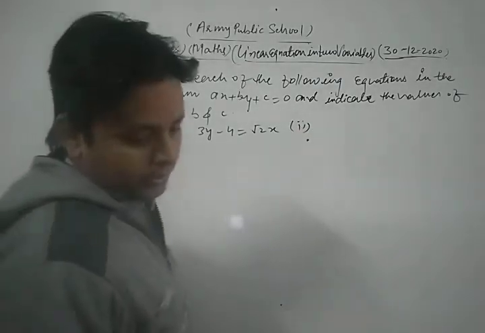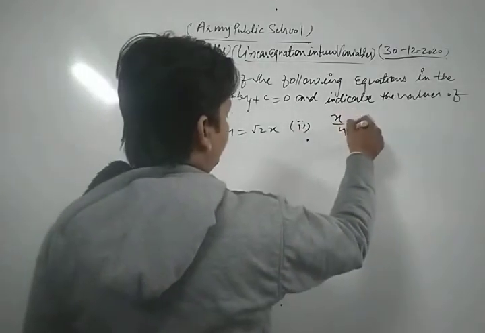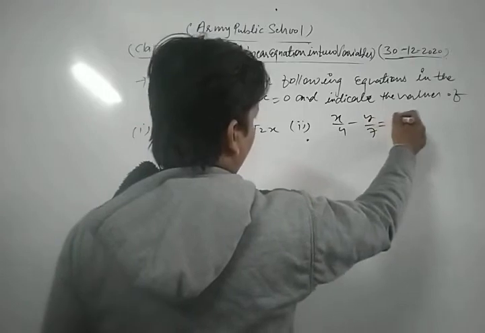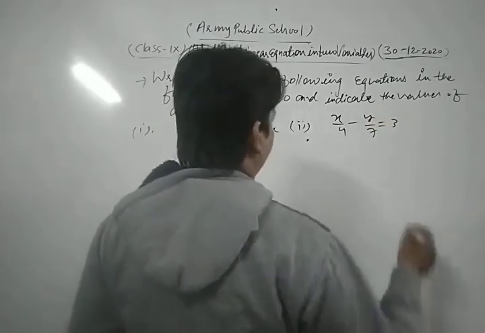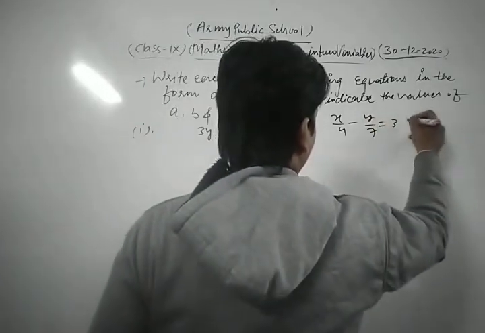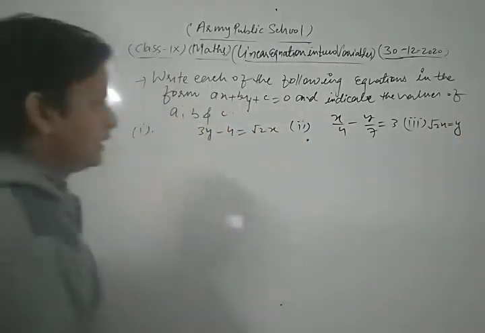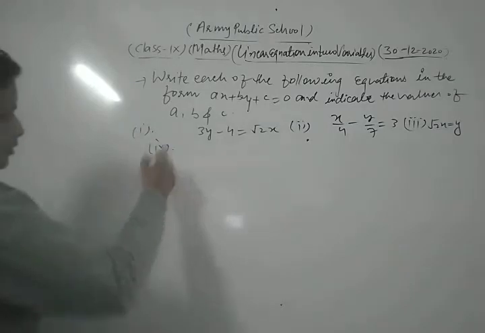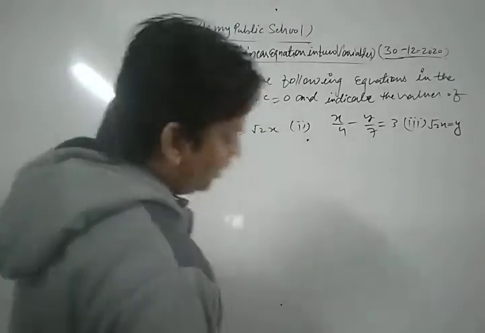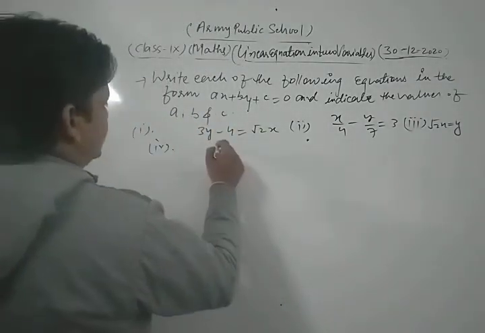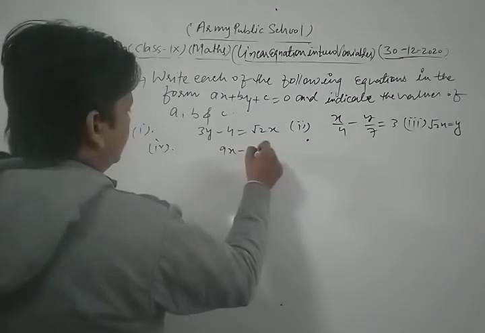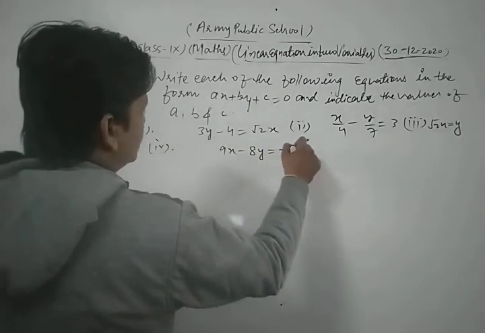Second one is what, dear students? x upon 4 minus y upon 7 is equal to 3. Third one is what? Root 2x is equal to y. Fourth one is what, dear friends? This is 9x minus 8y is equal to minus 13.